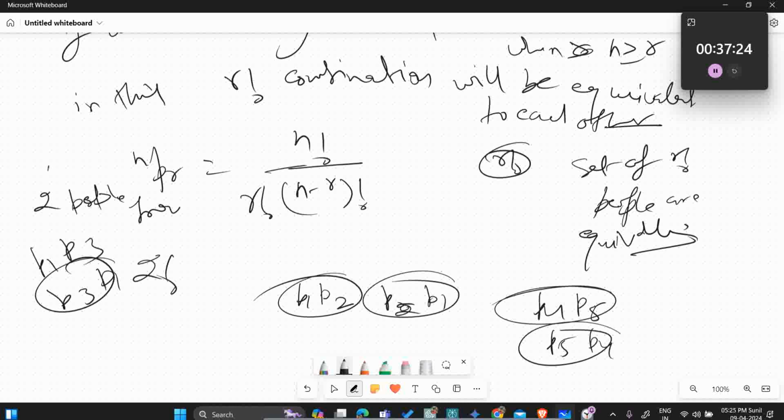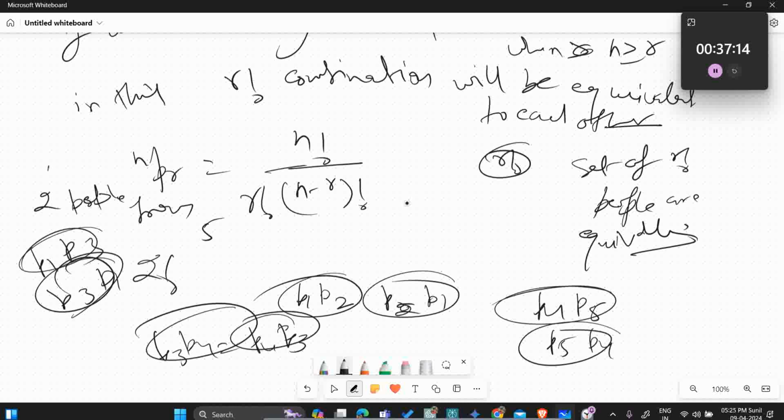These are all equivalent sets, and P3 P4 is equivalent to P4 P3. So for all such sets or combinations, we have to divide by r factorial only. Hope you understand here.